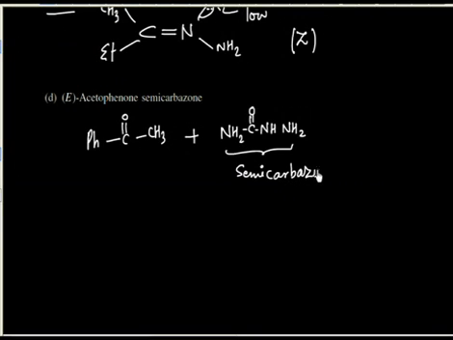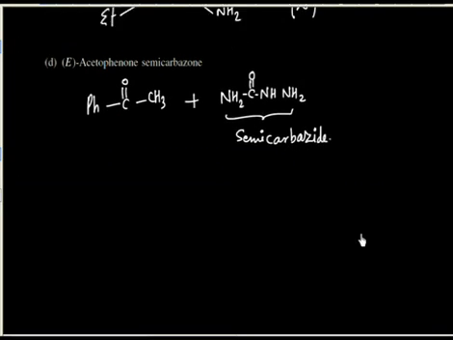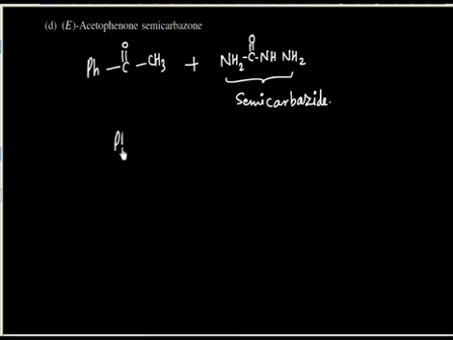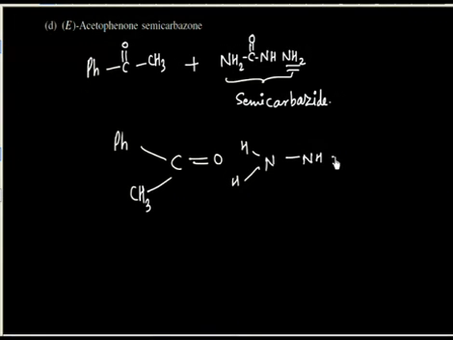Now in this case the product is semicarbazone. So you have Ph, C double bond O, this side CH3, and then you have NH2. This nitrogen will attack basically. So you have NH2, and then NH, and then CO NH2.